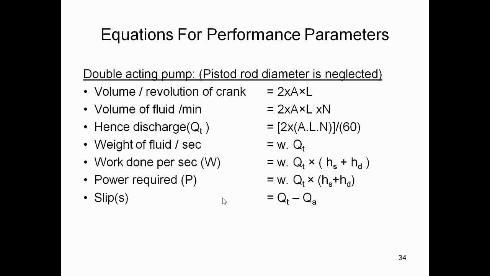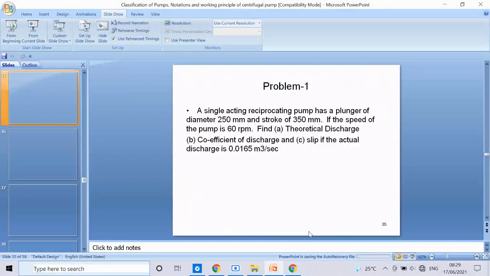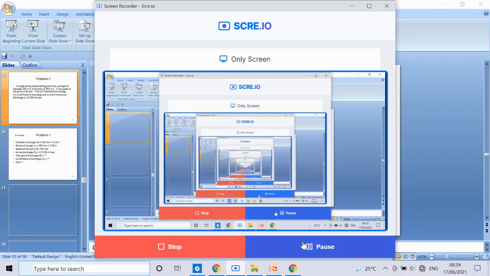Next, slip S is equal to Qt minus Qa, and percent of slip is equal to Qt minus Qa by Qt into 100. Next, the coefficient of discharge Cd is equal to Qa by Qt. Now we are going to discuss some problems on these topics.